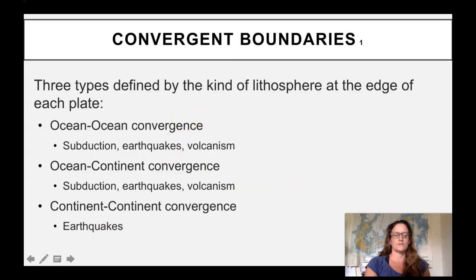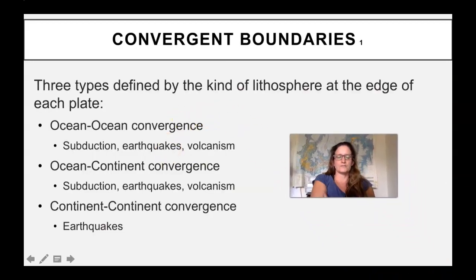All right, convergent plate boundaries. The plates are coming together, and there's 3 kinds, just like that big table had. Ocean-ocean convergence, ocean-continent convergence, and continent-continent convergence. For the first 2, you've got oceanic crust that's going underneath either younger, more buoyant oceanic crust or less dense, more buoyant continental crust.